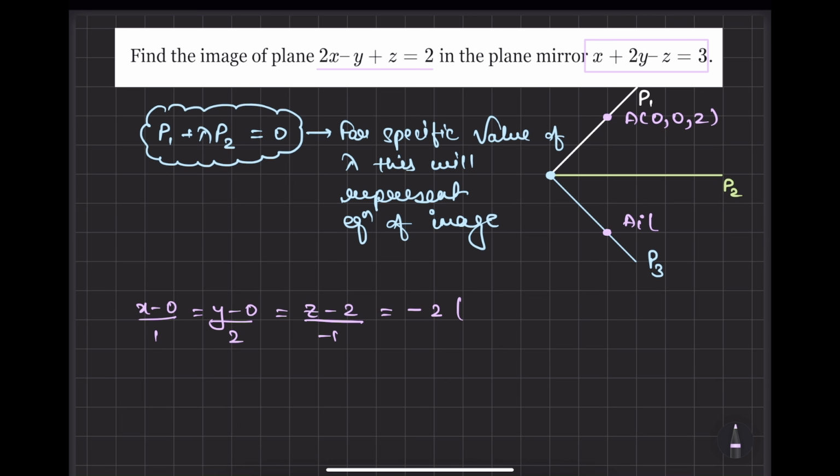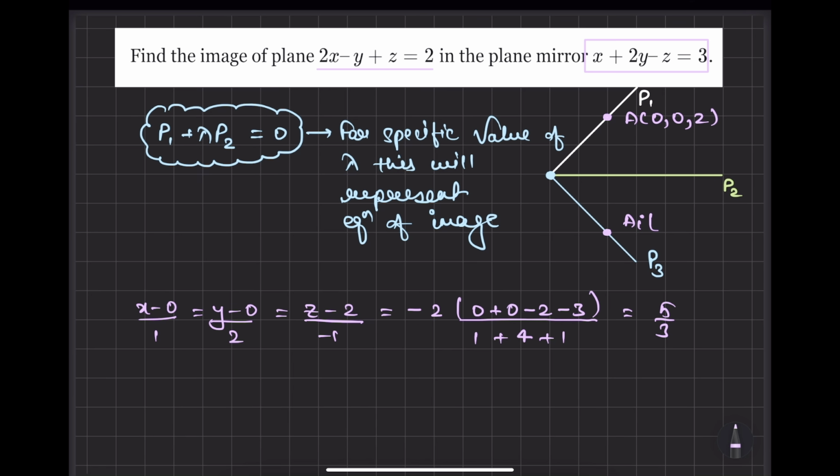Now we need to satisfy the point: 0, again 0, then minus 2, minus 3, over a square plus b square plus c square. So a square is 1, b square is 4, c square is 1. So this thing is 5 minus 10, minus 5 minus 10 is minus 10, by 6. So 5 by 3.